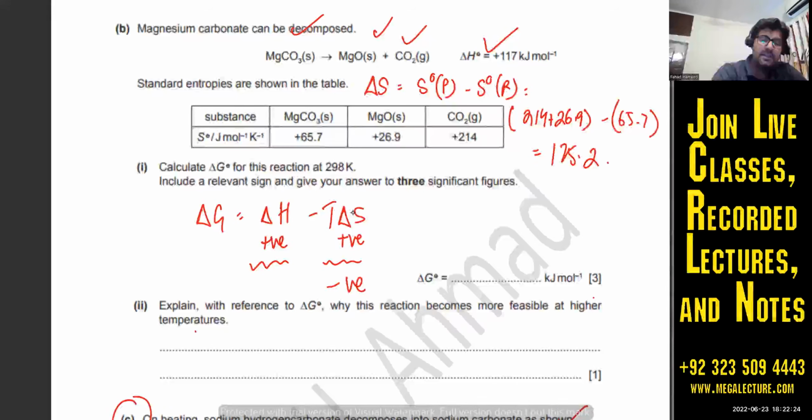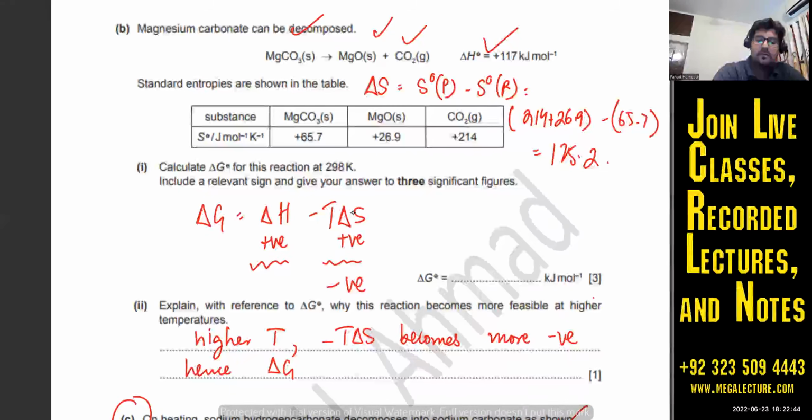So you're going to write that at higher temperatures, minus T delta S becomes more negative, hence delta G becomes more negative. That's probably just 1 mark. So that's why the reaction is becoming more feasible.